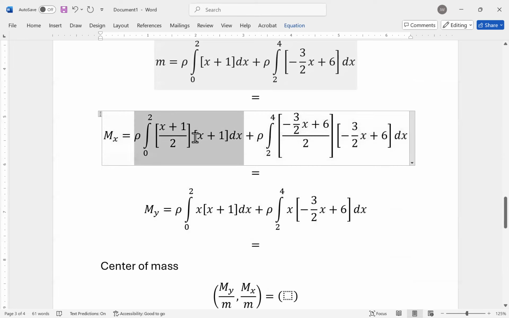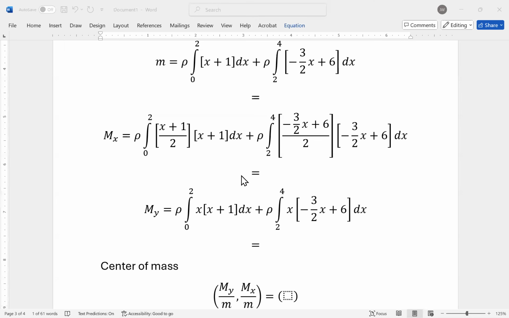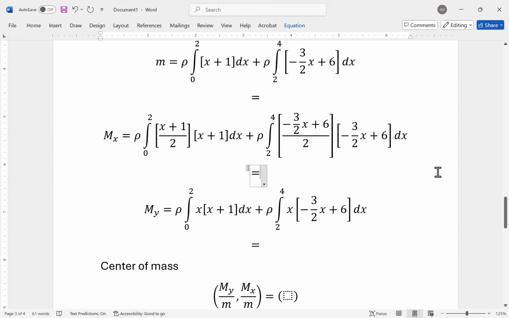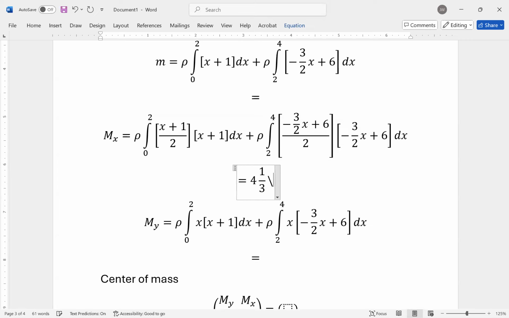I'll start with these. So for the moment about the x-axis, what I ended up with was 4 and 1/3 times rho plus 3 times rho. So I got 7 and 1/3 times rho as my final moment about the x-axis.